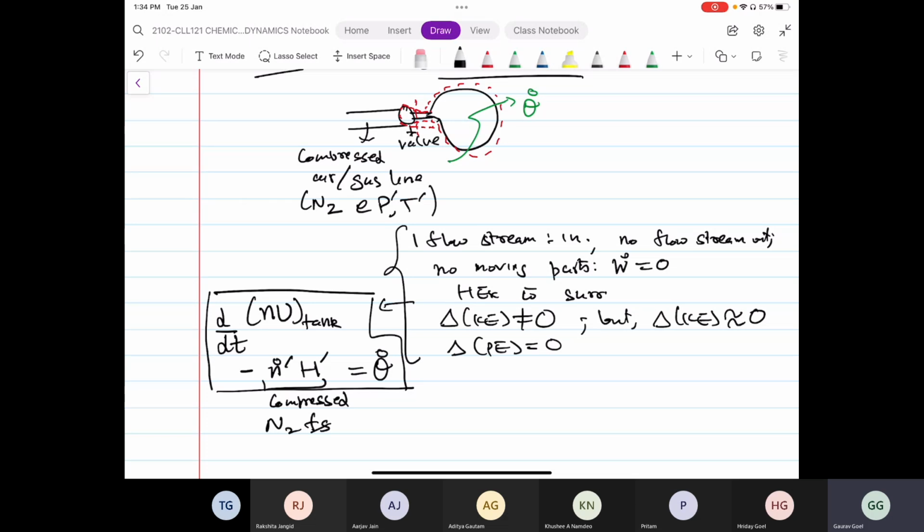Okay, so I can take n naught prime to be a constant, which is not fully correct. Why might it not be fully correct?